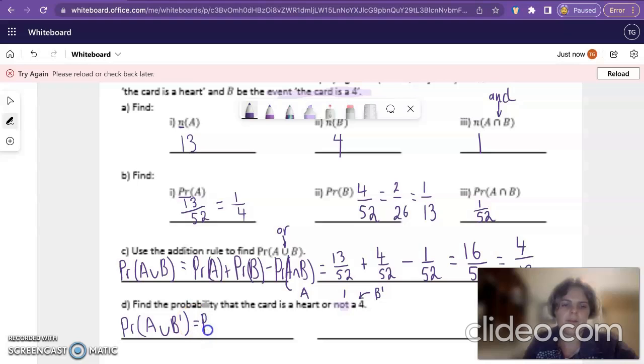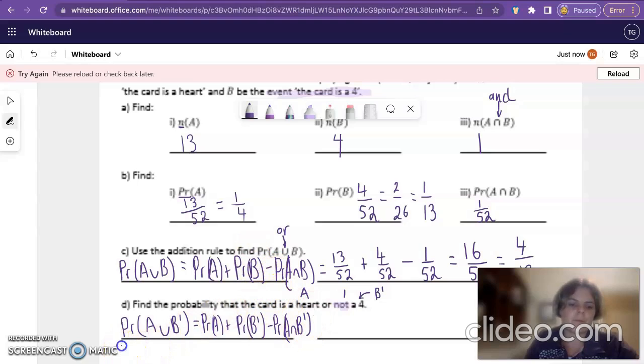So applying our formula, that will be the probability of A plus probability of B complement or not B minus probability of A intersect not B. Now, probability of A, we already have. We might have to do some work to find these other ones.